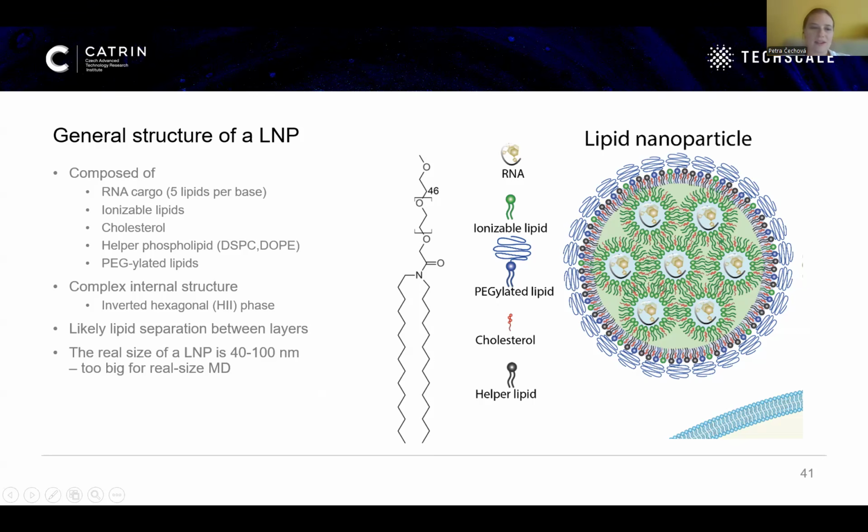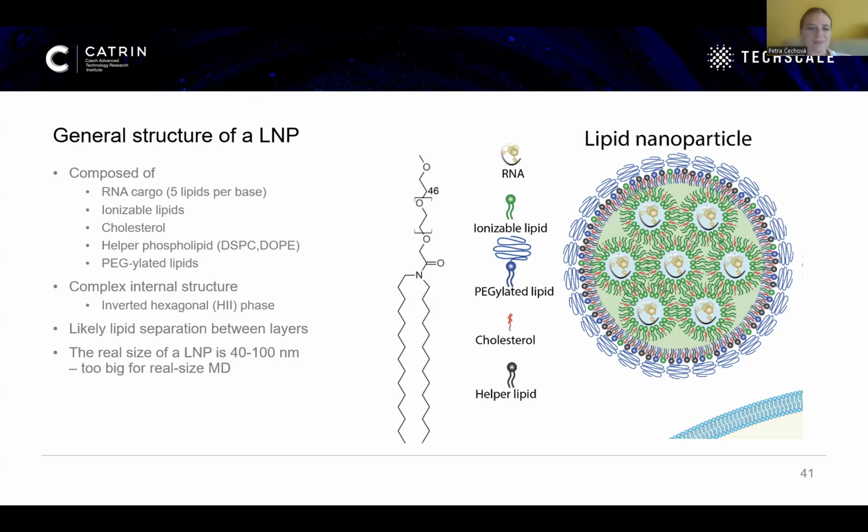The nanoparticle has a complex internal structure. The inverted hexagonal phase is the one that is most commonly discussed in this case. There is some separation between layers. I think the hypothesis that the helper lipids are somewhat more frequently located on the surface has also been confirmed pretty solidly recently, but we'll see later.